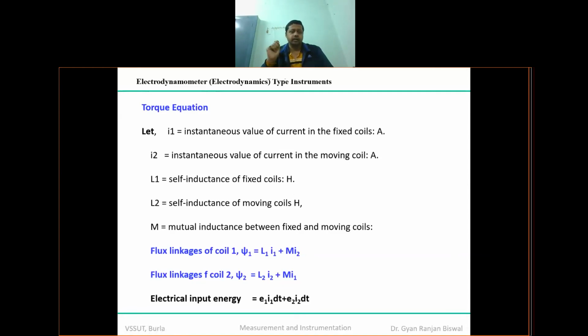Because we claim that electrodynamic type instruments give you an equal kind of performance for low frequency signals, or in other words an ideal DC signal, and also when you apply an AC supply. So let's see mathematically whether we can justify it or not.